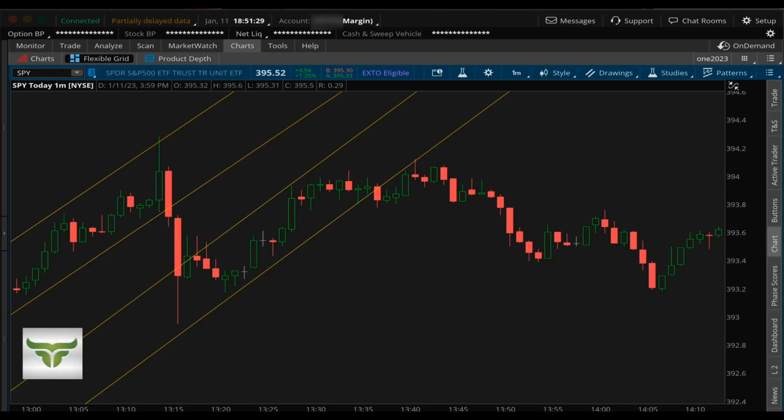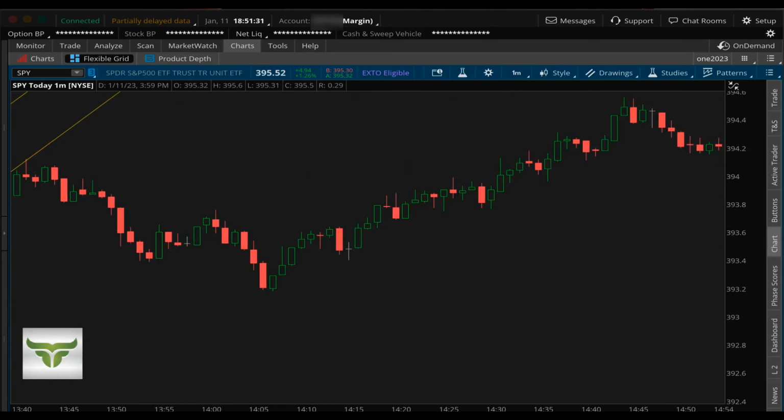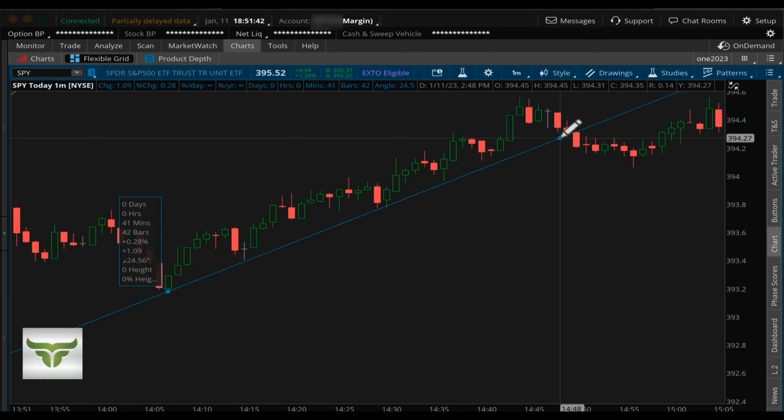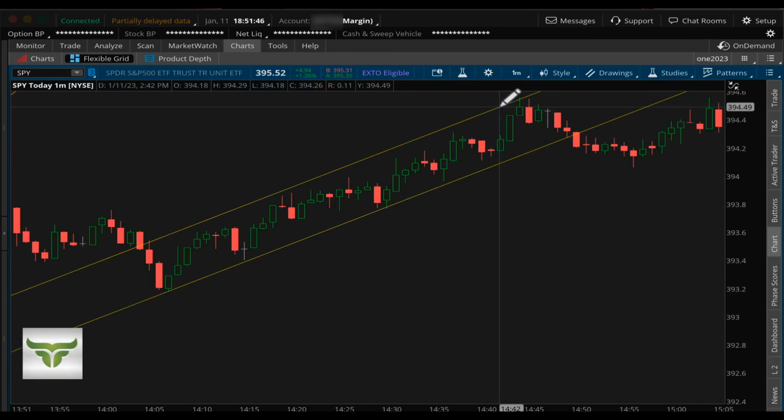So you can see what the algorithms are doing, right? These are little channels. I consider this consolidation actually. Where's the next channel? Right here. That's a beefy channel right there.